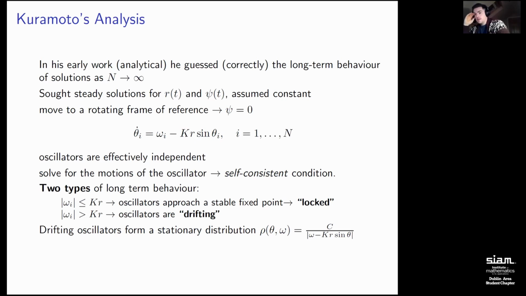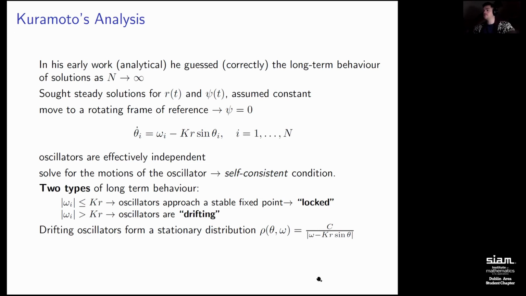A kind of clever idea is that he basically forced the drifting oscillators to have a stationary distribution, right? So they could be drifting around the circle at their own frequencies, but their collective distribution is stationary.